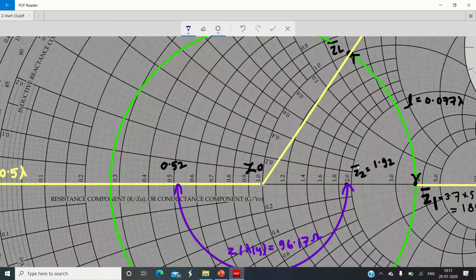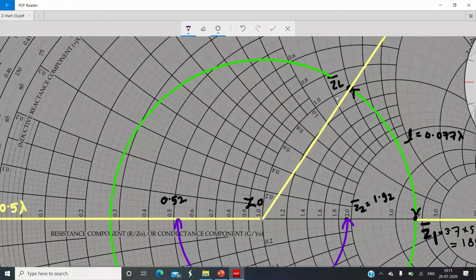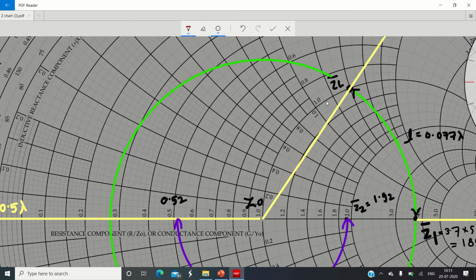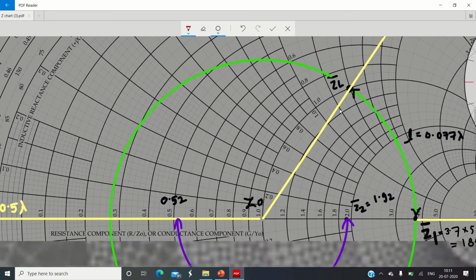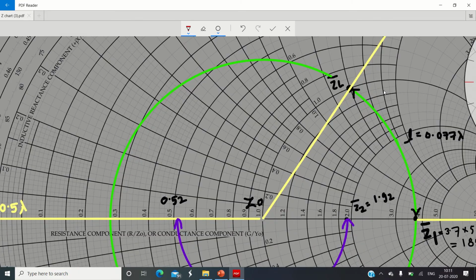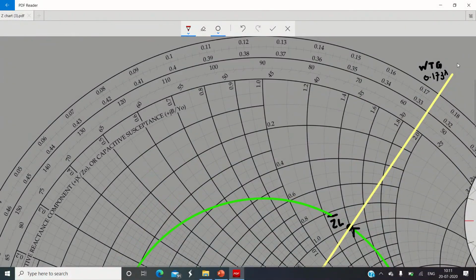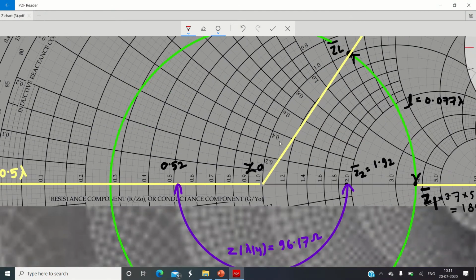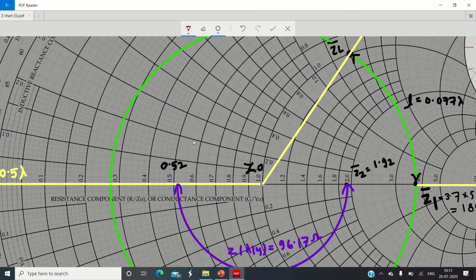Okay, so you need to trace a circle. I will show how we converted the complex load impedance into Z0. In order to show the arrow diagram, I will choose a red color. First of all, we plotted the complex load impedance. At that point, we read out the wavelength toward generator, and by taking that much radius, we drew a green VSWR circle.